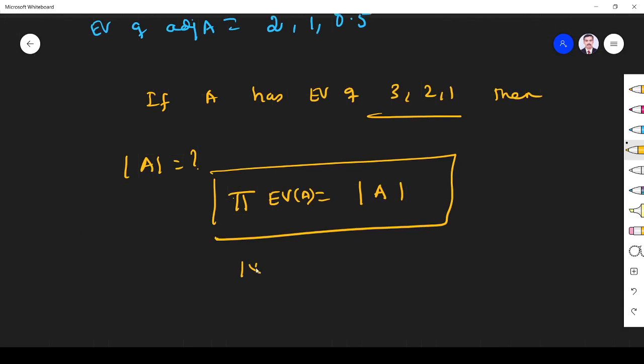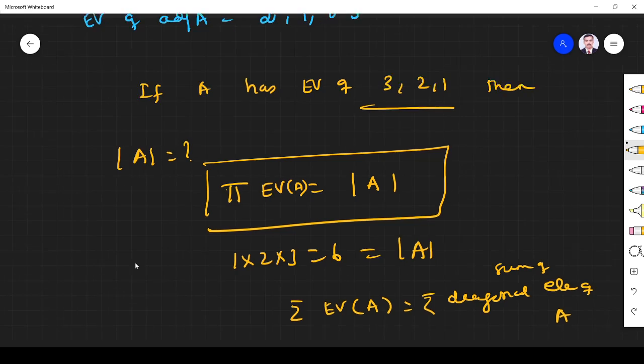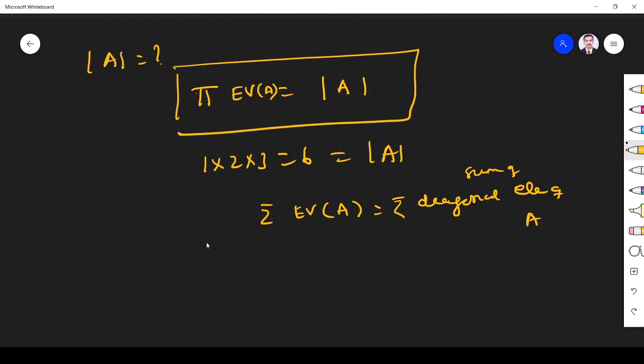So the product is 1 into 2 into 3, which is 6. That is equal to the determinant value. The sum is equal to the diagonal, right? The sum of eigenvalues of A is equal to the sum of diagonal elements of A. So determinant of A is equal to the product of eigenvalues of A. This is another property.